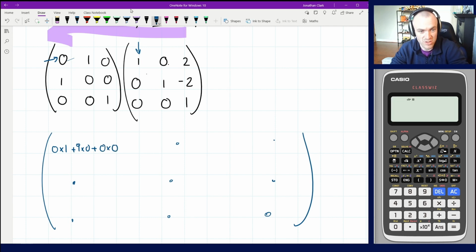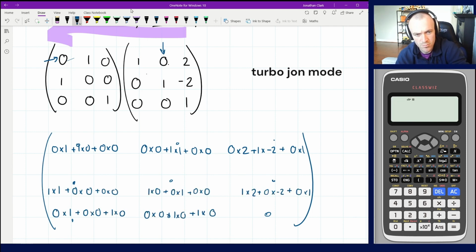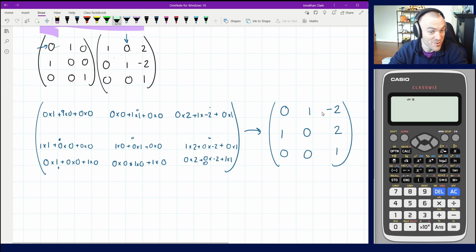That does result in a 0. When I'm doing this, I'm just scanning to see anything that isn't like 0 times something. So I'm looking like here, for example, I've spotted that's a 1. That should just be my matrix T.